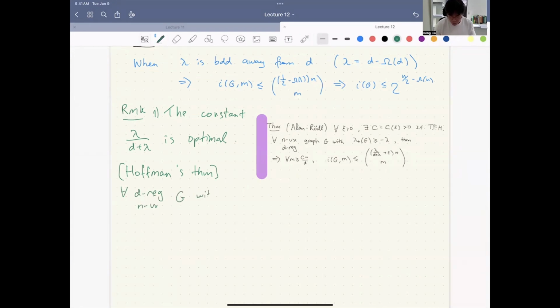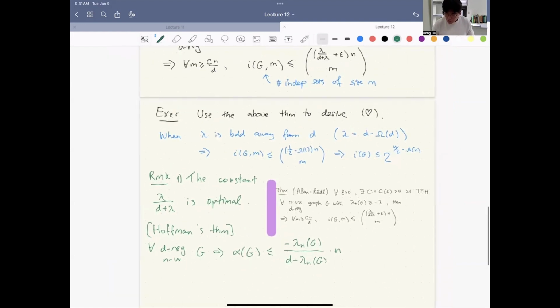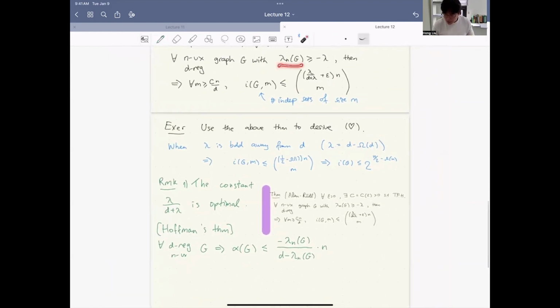then the independence number of the graph is at most negative λ_n of G, the smallest eigenvalue, divided by d minus the smallest eigenvalue of G, times n. And remember, I actually write λ_n as negative λ. I take the absolute value and flip it to positive.